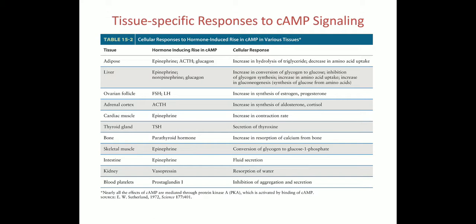That is, in adipose tissue, epinephrine induces a rise in cyclic AMP, which results in an increase in hydrolysis of triacylglycerides and a decrease in amino acid uptake. While in liver, epinephrine hormone induces the conversion of glycogen to glucose.